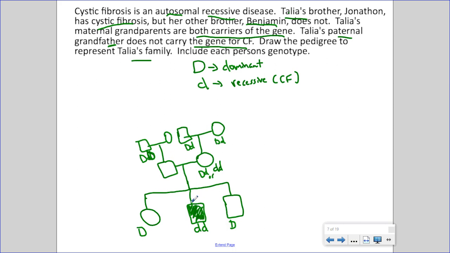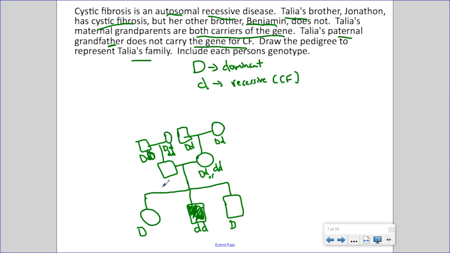Now, Talia's paternal grandmother, we don't know her genotype, so we'll have to make some assumptions here. In order for this disease to show up in Talia's generation, that paternal grandmother would either have to be a carrier or have the disease herself.